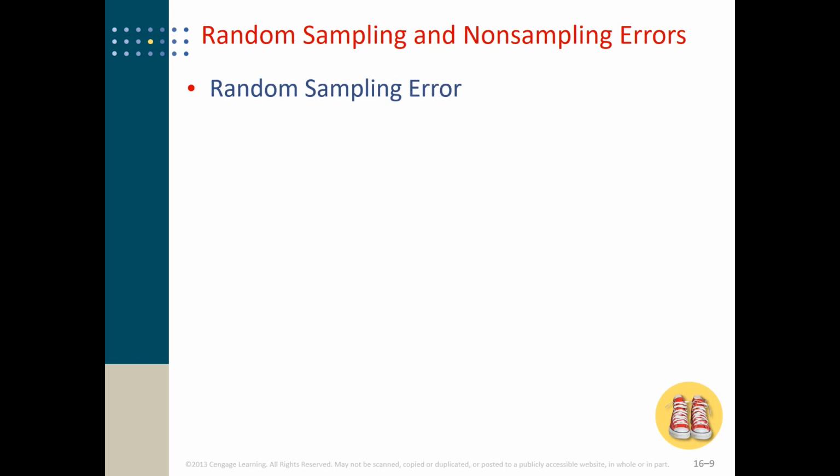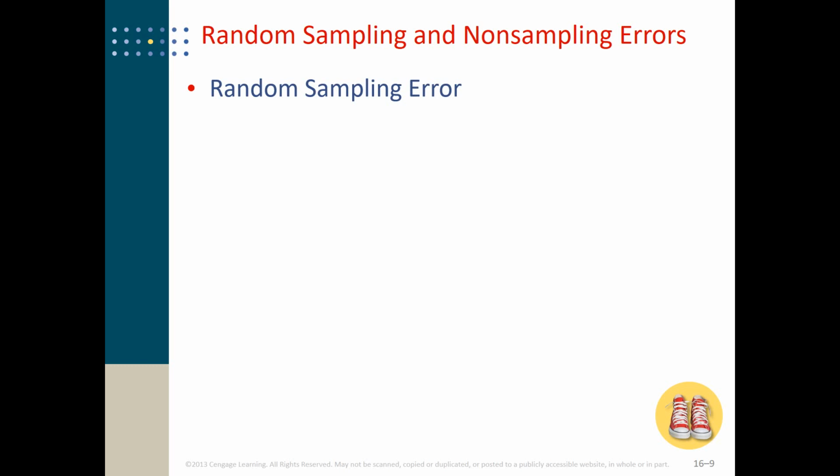Let's take an example. Let's say we have 50 students in this class. Now I want to check the average score of these 50 students. So instead of taking individual scores of all the 50 students, if I take only 10 students and get their average score, and I make an inference that this is the average score of the whole class, then I might incur some error.